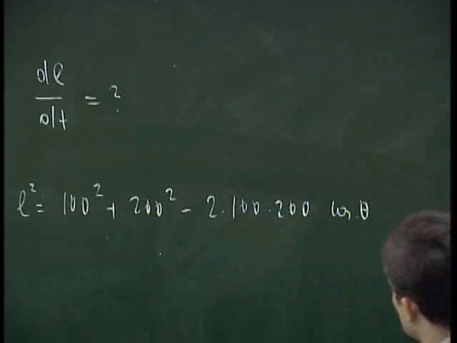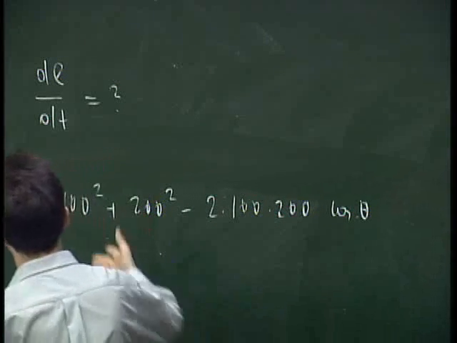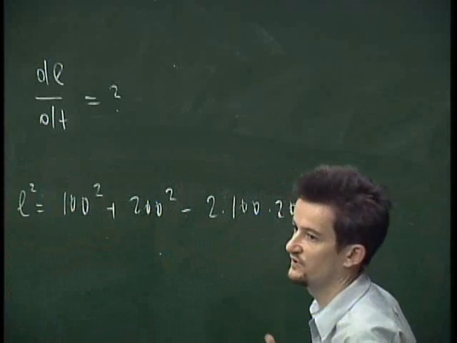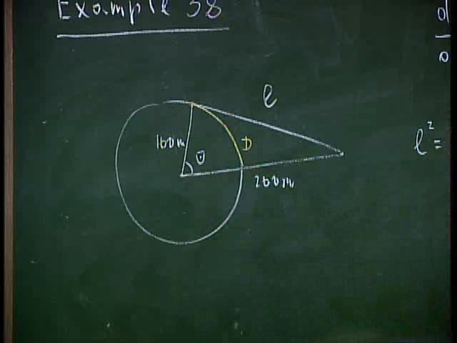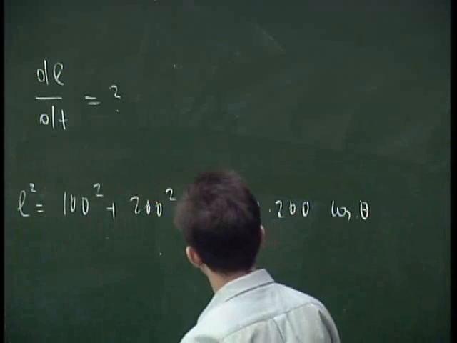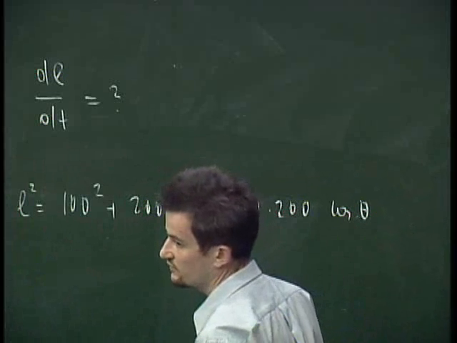Okay, so this is a relation you know from high school. If you have a triangle and you want to find the length, this is something like the Pythagoras theorem, but for a more general situation where the angle here is not a right angle. Now you see this still depends on theta, but actually we have given something different.